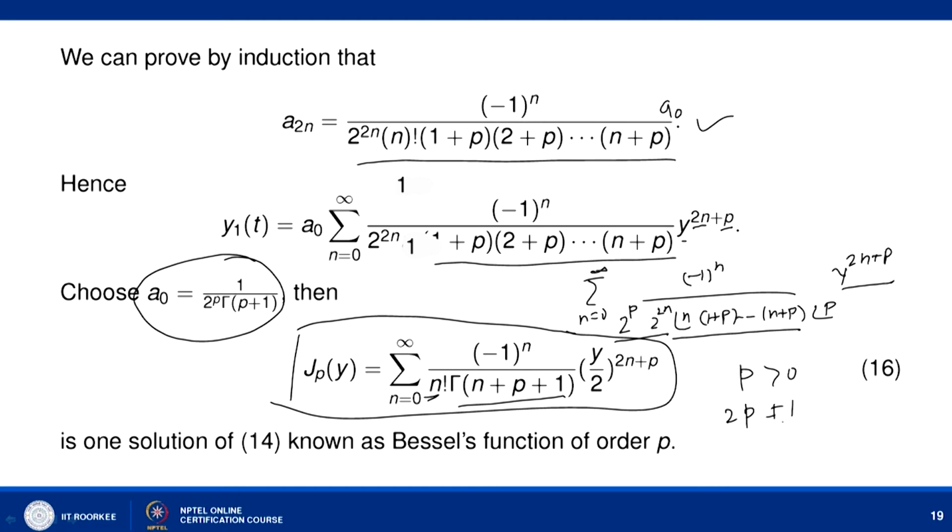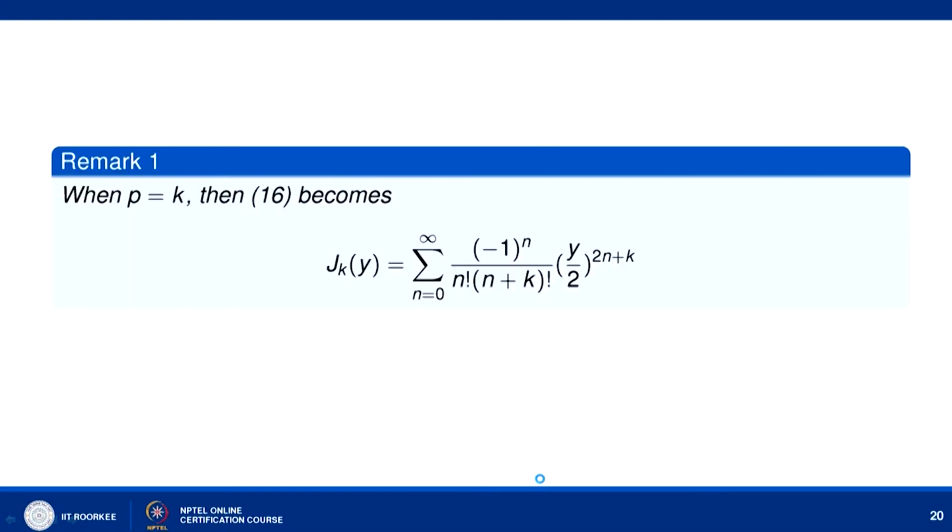So, this expression is valid for any p, whether it is integer or non-integer, but if p is an integer, then this gamma n plus p plus 1 is reduced to factorial n plus p, that is what is written here. So, this is the expression of Bessel's function of order k.